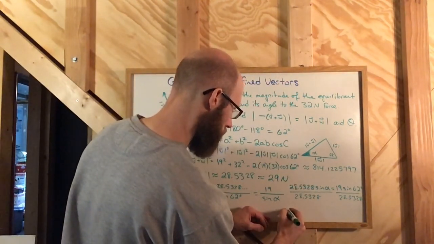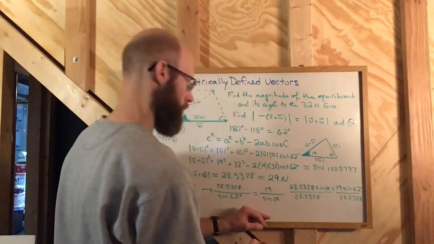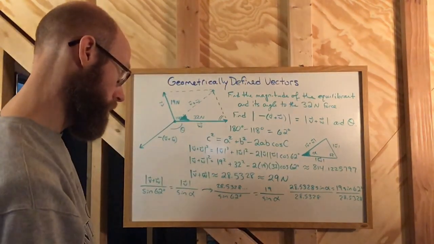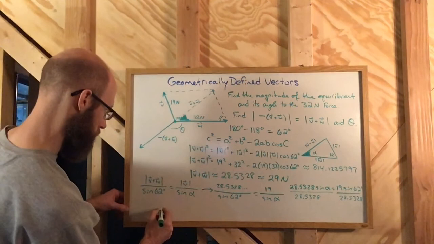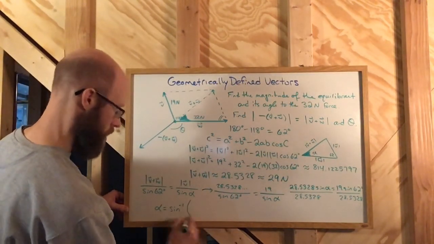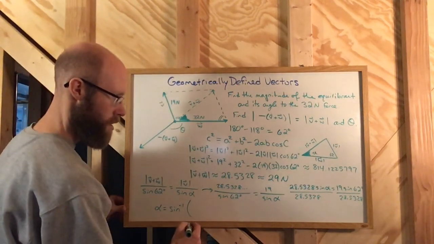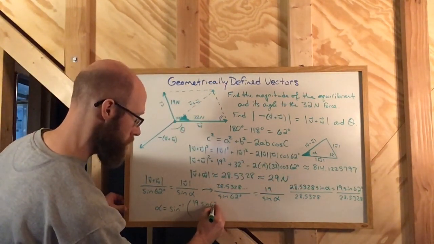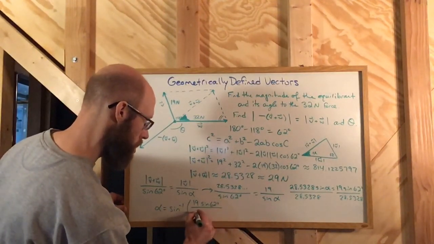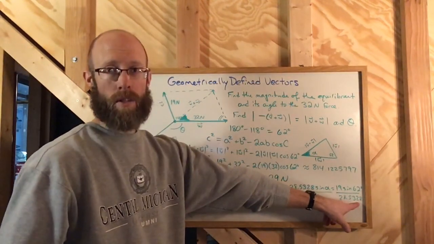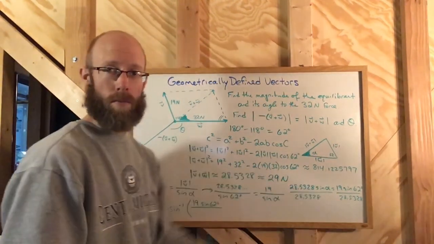And so alpha, if I want to keep all my decimals as long as possible here, this is going to be a little bit interesting. What I'm going to type in is that alpha is the inverse sine of a big quantity: 19 sine 62 degrees over 28.5328.